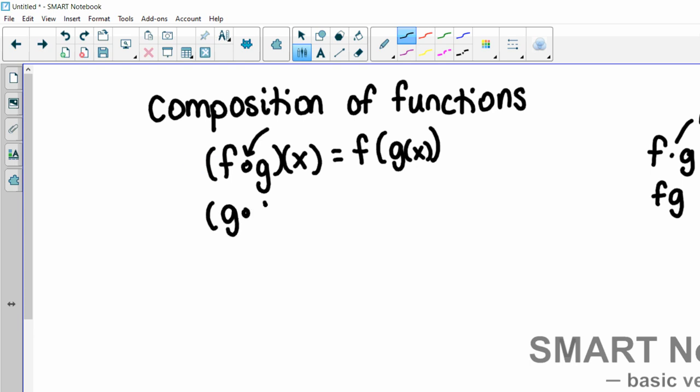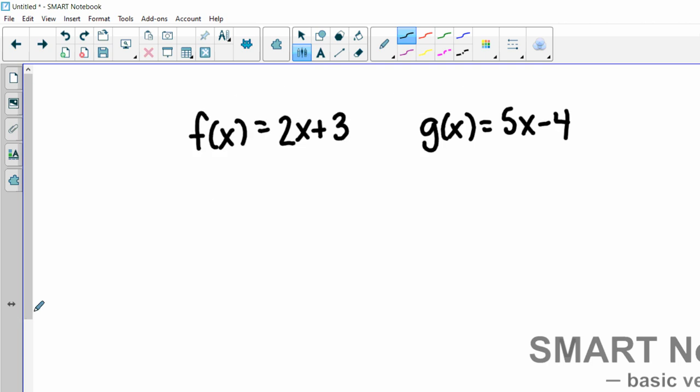If I'm asked to take g of f of x, the first letter on the list is the one on the outside. The second one is the one that is being plugged in. F of g of x. So if here is our f of x and there's our g of x from our videos earlier on, again, we know that if I want to find f of 1, then I take 2 times 1 plus 3 to get 5.